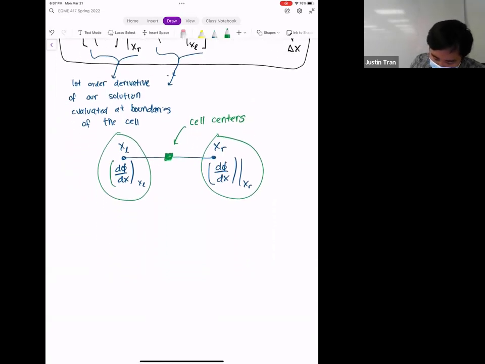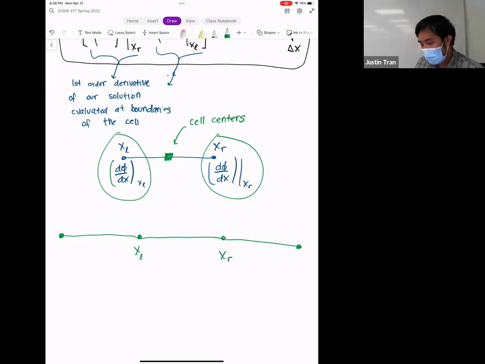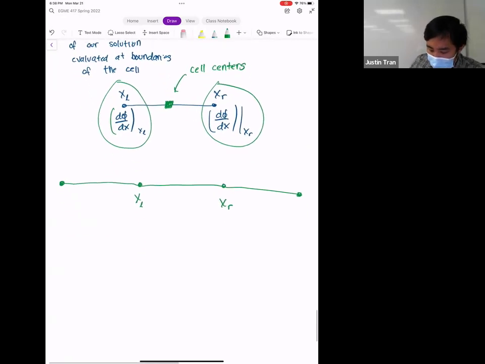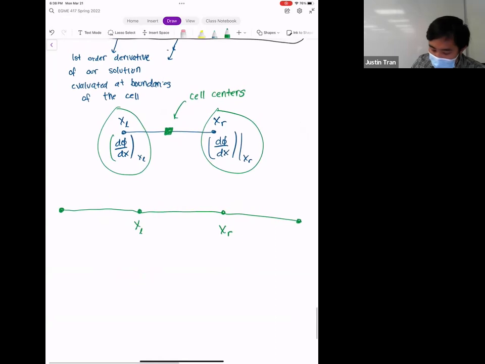Let me draw two neighboring cells. Just to keep things consistent, we'll say this is XL and this is XR. I'm going to label this cell in question right here as cell C, for the center.